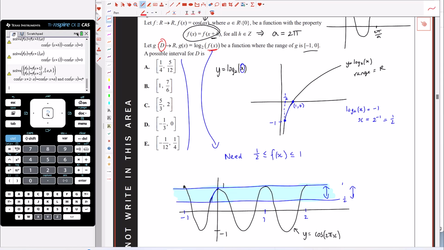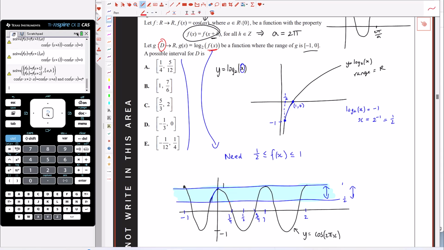Okay, so let's see if we can rule out some options here before we go looking at the CAS. So obviously, if our period is 1, that makes this a half, that makes this a quarter, and that makes this 3/4. So if the domain was 1/4 to 5/12, 5/12 is a bit less than a half.